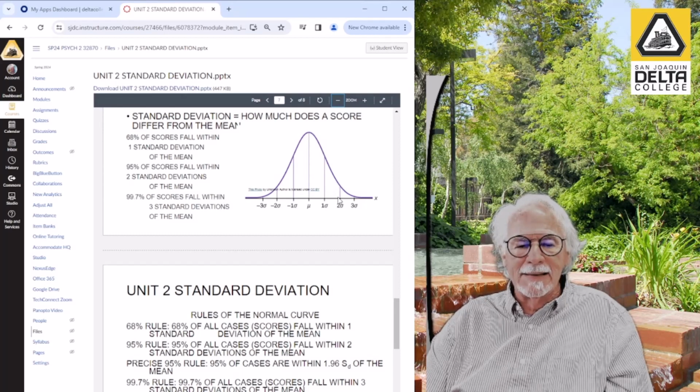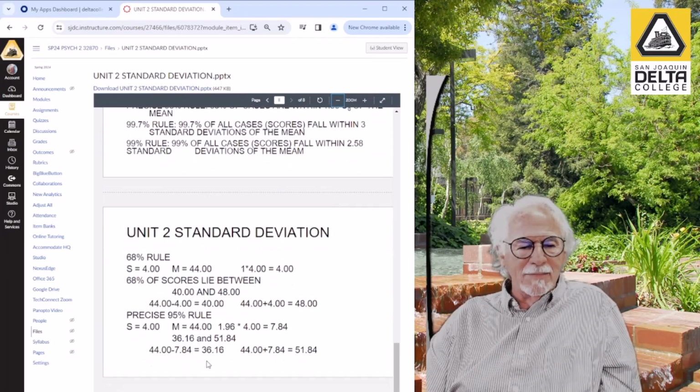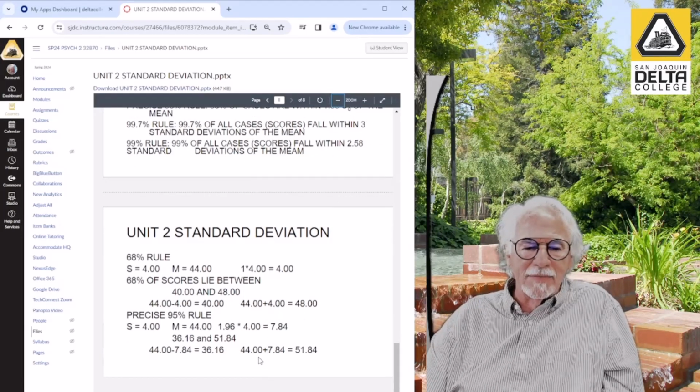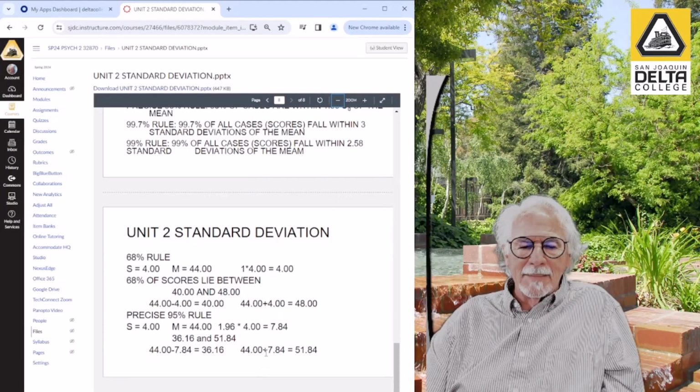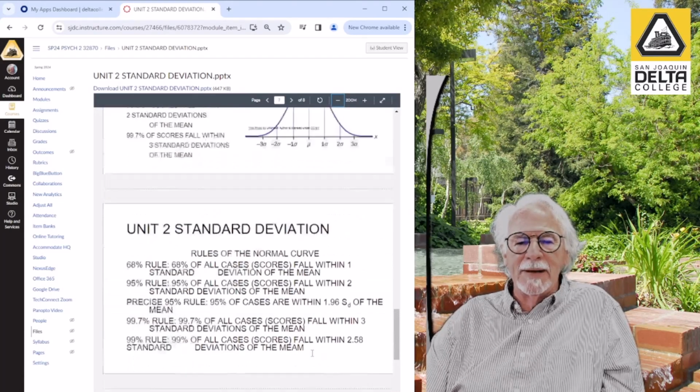Right here is the mean at 44, and I'll start on the positive side. 1.96 standard deviations is 44 plus 7.84, which is 51.84.